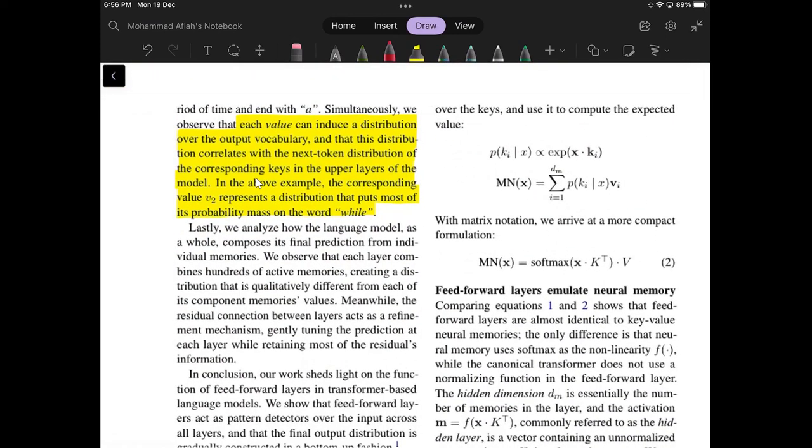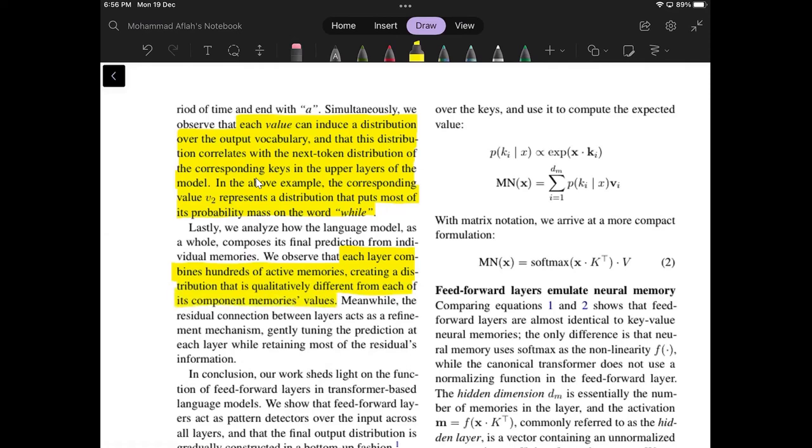Lastly, we analyze how the language model as a whole composes its final prediction from individual memories. We observe that each layer combines hundreds of active memories, creating a distribution that is qualitatively different from each of its component memory values.